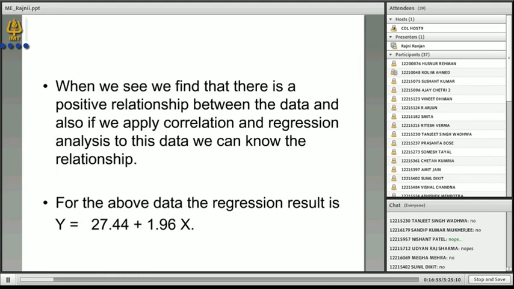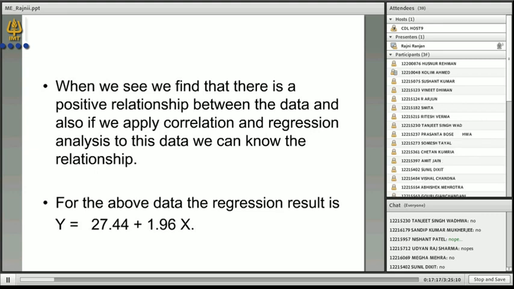Now, listen to me very carefully. With the help of regression analysis, again a mathematical tool, we are able to work out the exact relationship between the two variables.